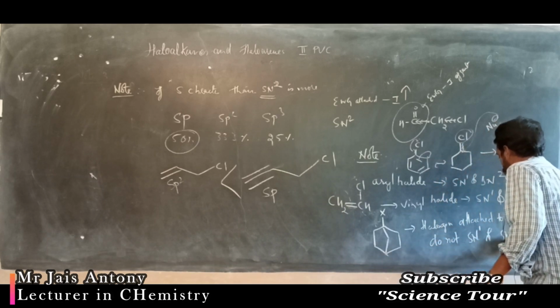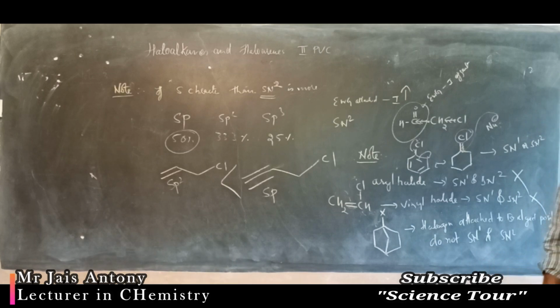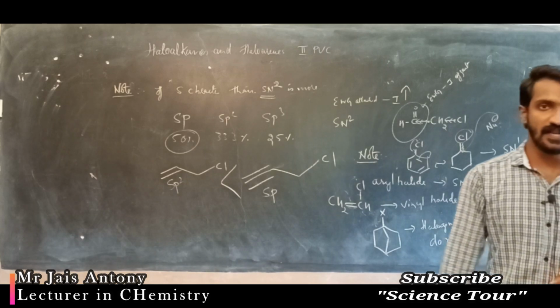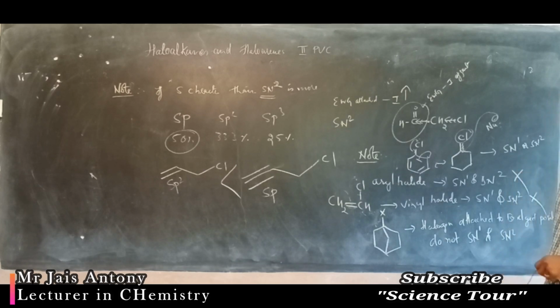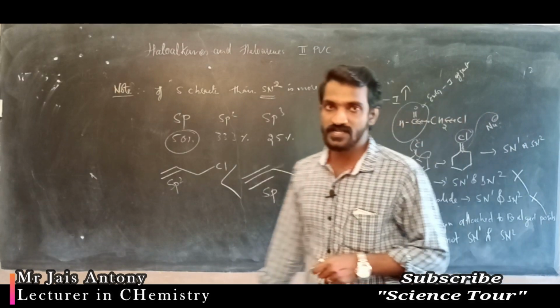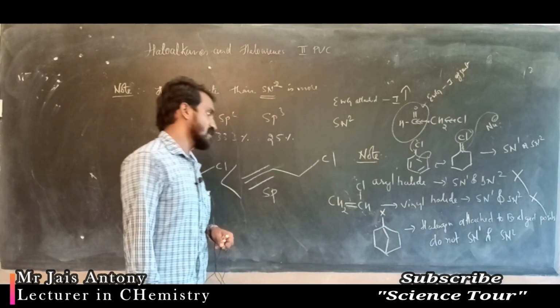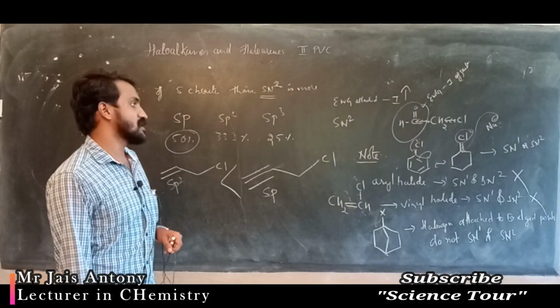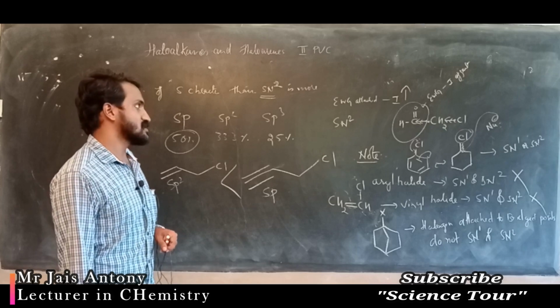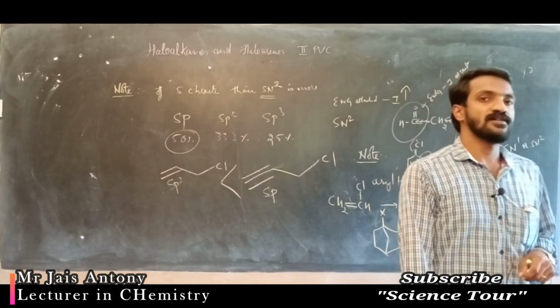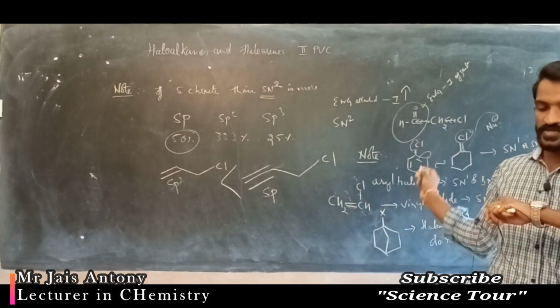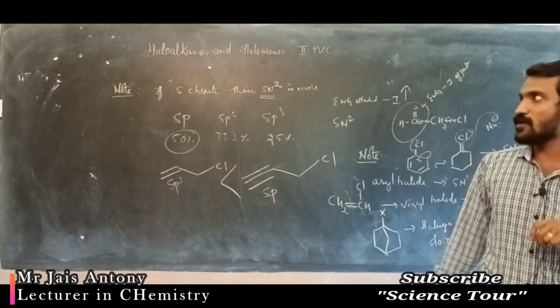So it is easy to find. If aryl halide is there, there is no SN1 and SN2 mechanism. If vinyl halide is there, there is no SN1 and SN2 mechanism. If a bridged compound is there, there is no SN1 and SN2 reaction. No doubt. These are the points. If you know this condition, you can easily solve any problems.